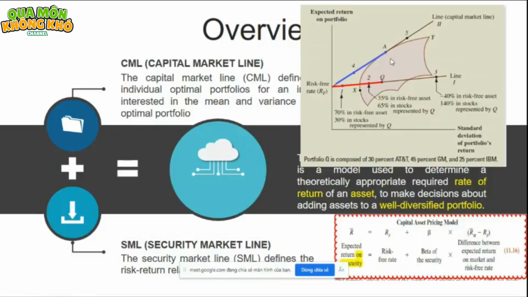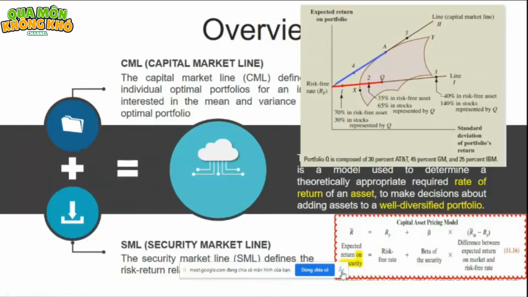Talking about the capital market line, what about the security market line? From this box, we already know that the beta of the security measures its risk, and the expected return on a security should be positively related to its beta.